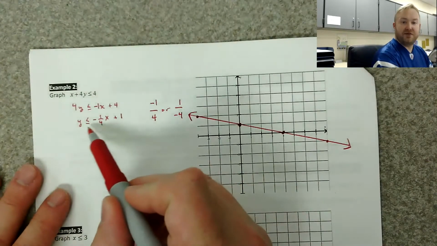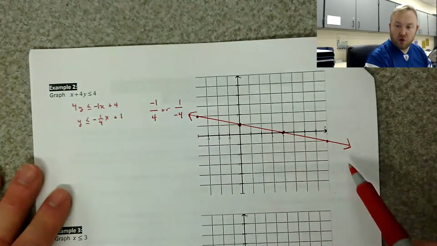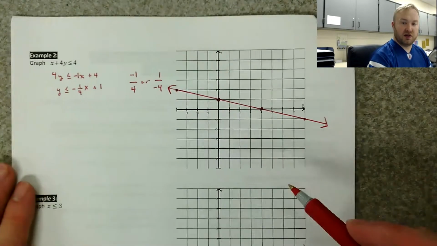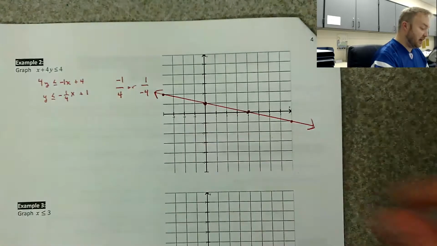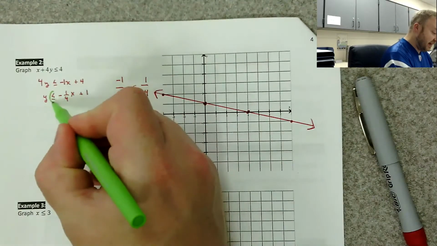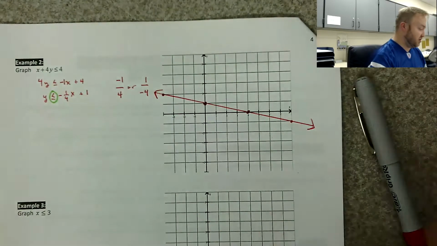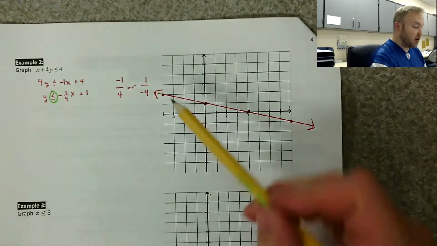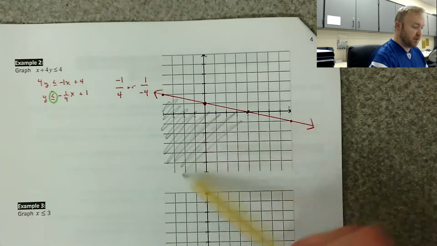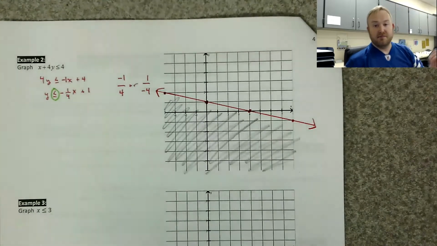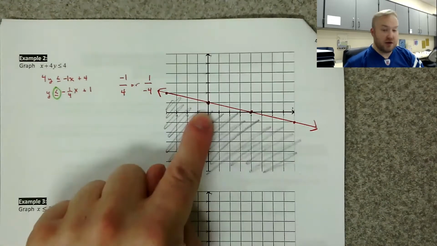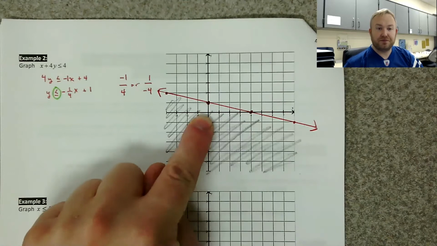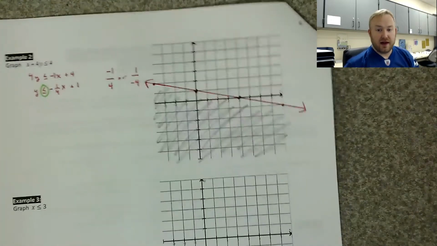And we do have the equals here, so I do want to include those points, so I'll use a solid line. You'll notice here that my symbol is a less than or equal to. Less than means below, so all the solutions will be below that line. That's all there is to it. If you would rather check 0, 0 again by plugging it in, that's fine.